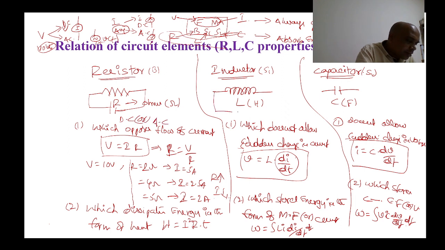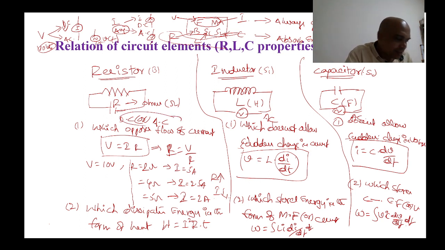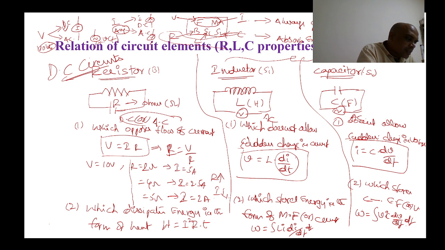But for an inductor, I should always apply AC. For a capacitor, always apply AC, not DC. So they are suitable for AC only, but for a resistor you can apply either AC or DC. The resistor concept we will discuss in DC circuits. Inductor and capacitor come under AC circuits. In parallel I will cover DC circuits and AC circuits. For inductor and capacitor, which type of supply am I applying? AC supply.